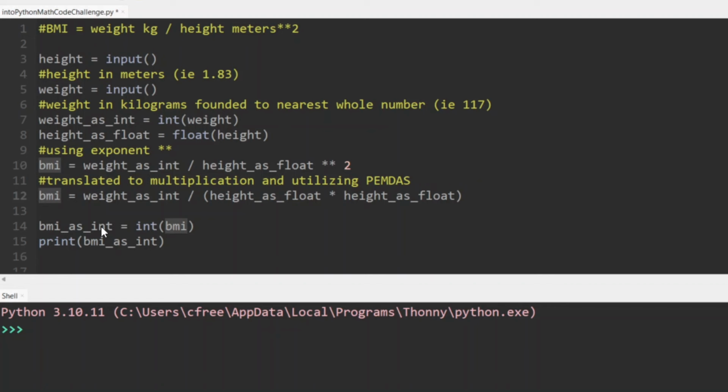That will be what we actually print. So we'll print BMI as integer. If you notice, BMI down here and BMI up there is highlighted, so I actually spelled that right too. So that's what we're going to print. That's a good rounded number for our BMI chart.